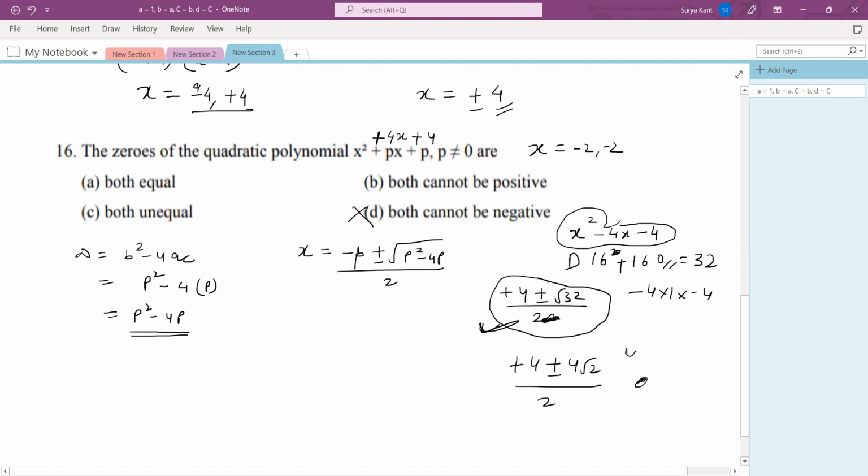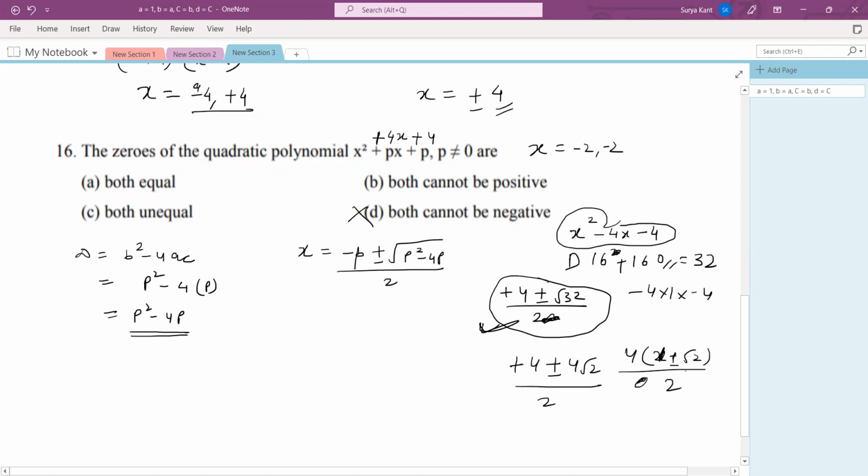If you take 4 common here, 2 plus minus root 2 will come. Actually, you should write here 2 plus minus root 2. Sir, you must take 2 as common. 1 plus root 2 will come, plus minus root 2, divided by 2.